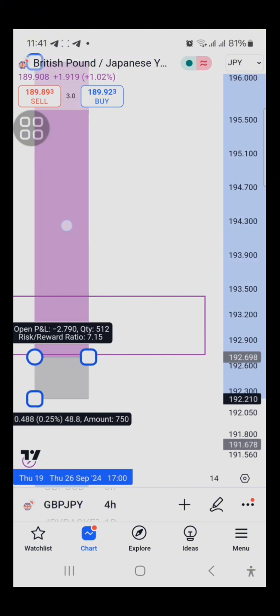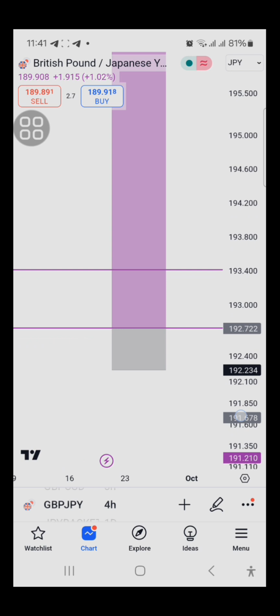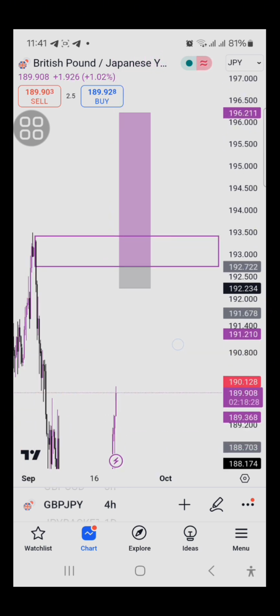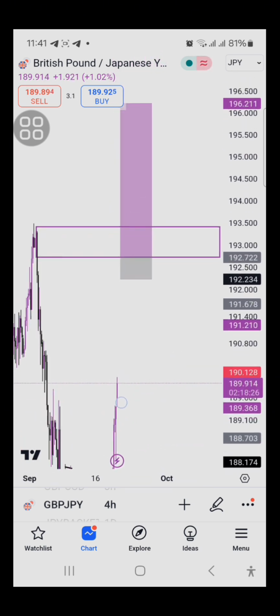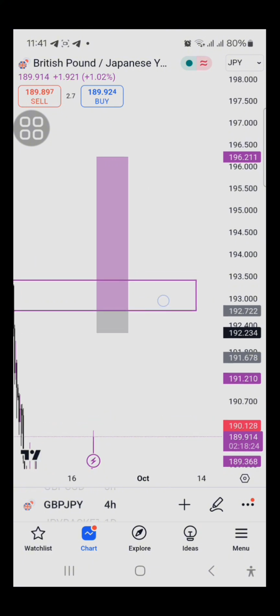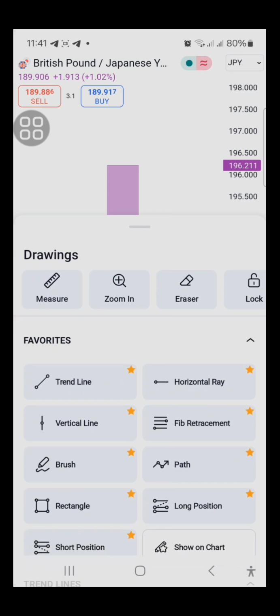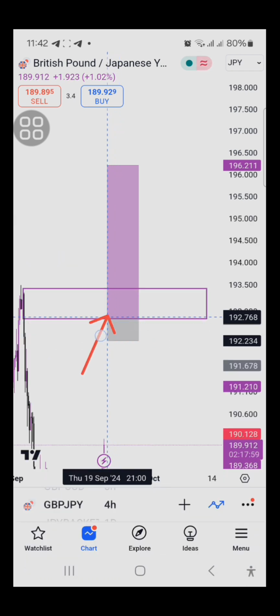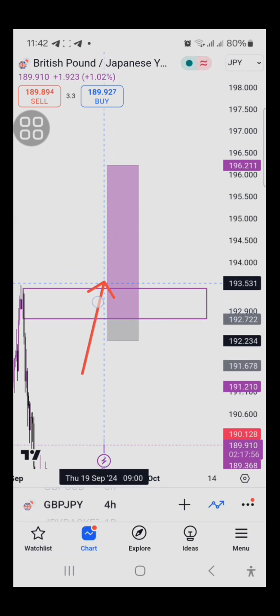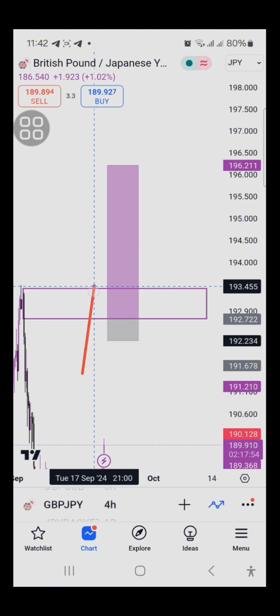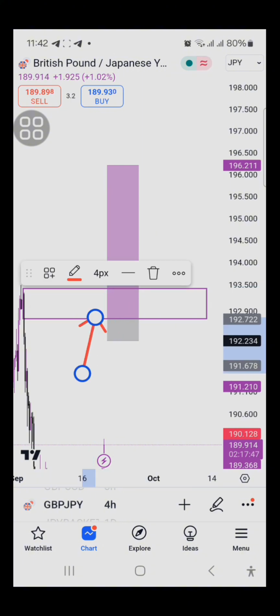So this is what I want to do right now. I want price to come here. For whatever reason, price continues to buy up, and then it comes to this zone.